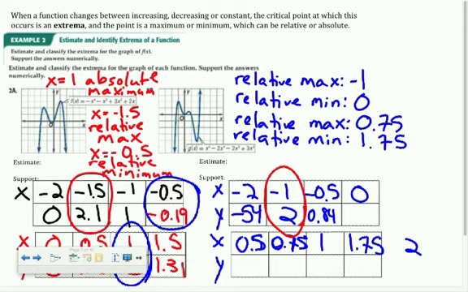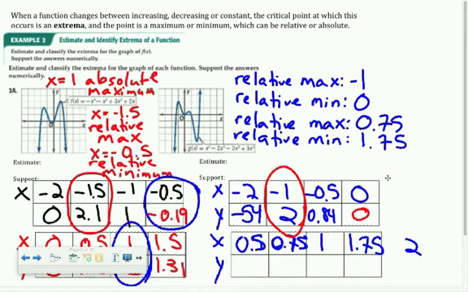Continuing, when I plug in 0, I'll get 0. Plugging in 0.5, we have 0.5 to the 5th power minus 2 times 0.5 to the 4th power minus 2 times 0.5 to the 3rd power plus 3 times 0.5 squared.